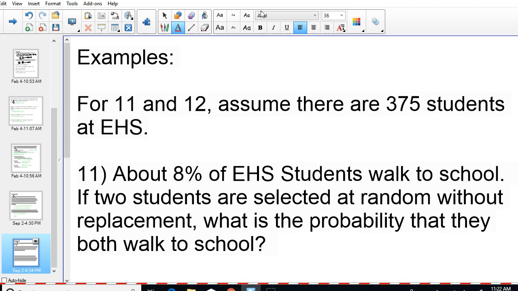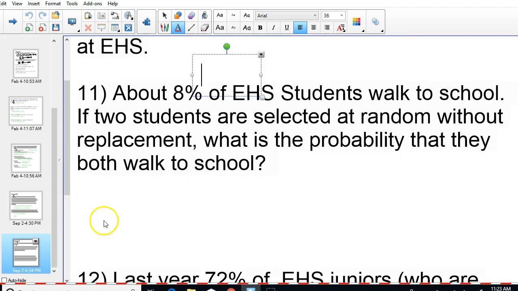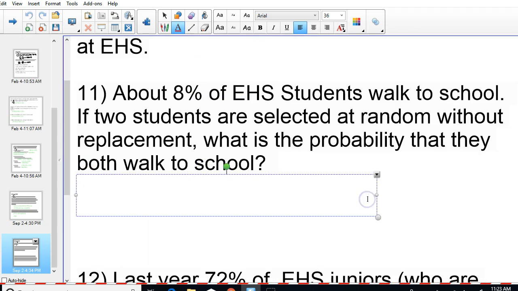To find 8% of 375, you're just going to multiply 0.08 times 375. That's going to give us 30. And thankfully, that's an even number.